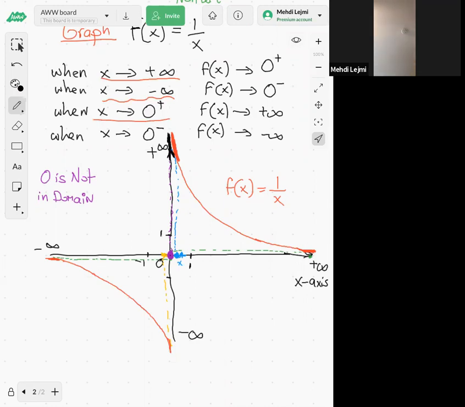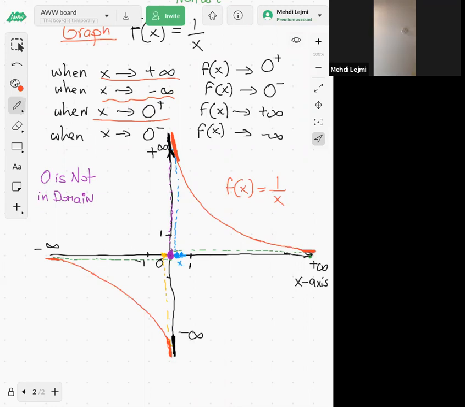The same here in the bottom. Here's your y-axis. The graph of f of x is going to be as close as you want to the y-axis, but it would never touch the y-axis, right? Because if it touches the y-axis, it means that 0 is in the domain.